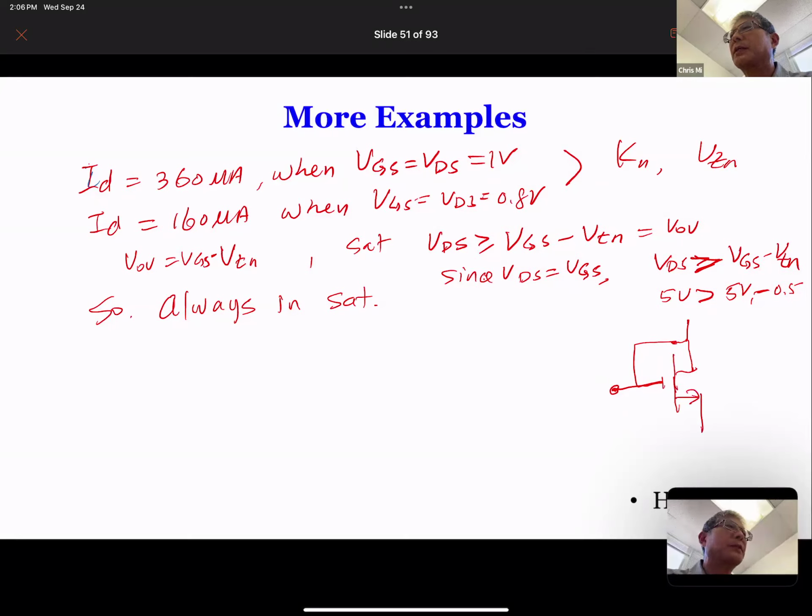This is a guaranteed circuit: when D is connected to G, VDS is always the same as VGS, so it's always in saturation.